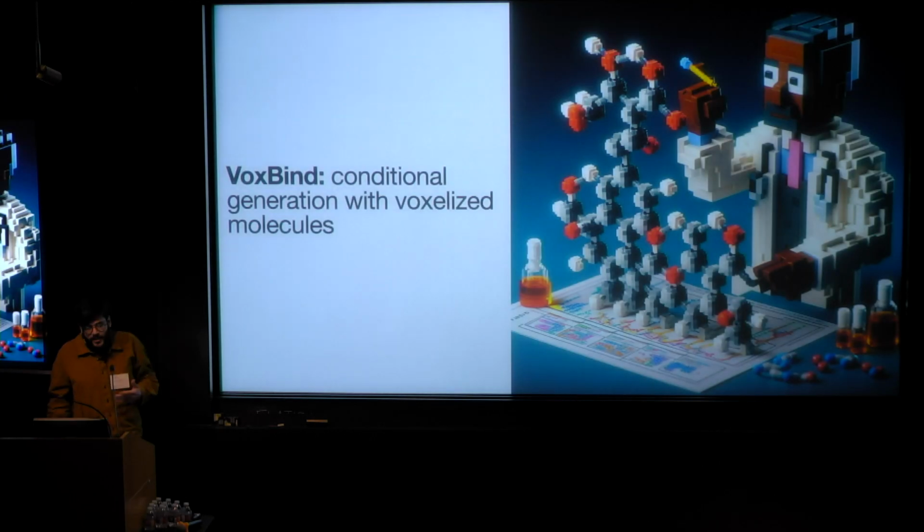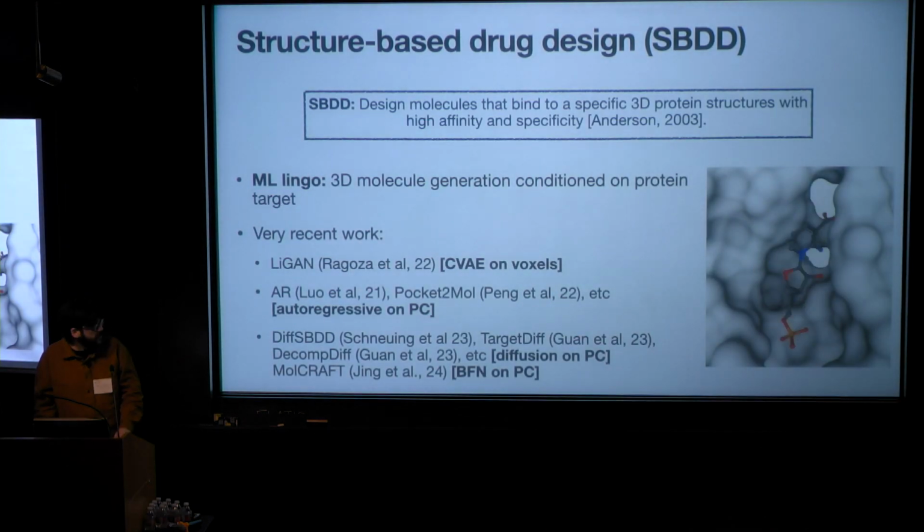Okay, so now in the first part, how we can use voxel grids to do conditional generation in this setting. This problem can be translated into machine learning language. Basically, it has to do with 3D molecule generation conditioned on a protein target. So it's a conditional generative model where the conditional signal is a protein target of interest. This has been starting to gain traction in the community, but it's a very recent line of research. It started more or less in 21 or 22.